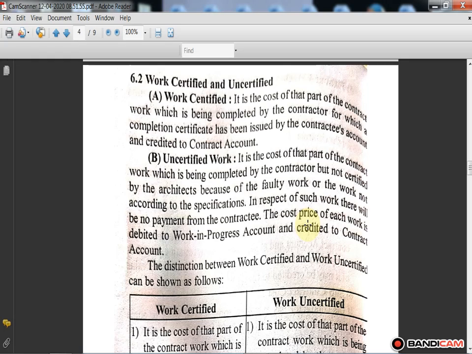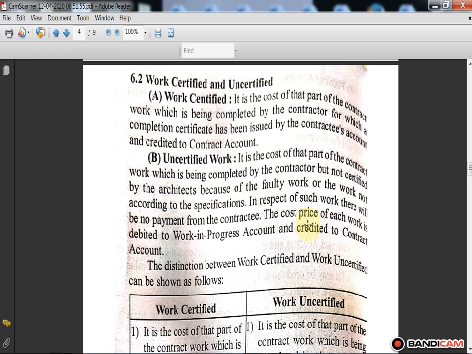Whereas work uncertified means the cost of that part of the contract work which has been completed by the contractor but not certified by the architect because of faulty work or work not according to the specification. In respect of such work, there will be no payment from the contractee. The cost price of such work is debited to work in progress account and credited to contract account.